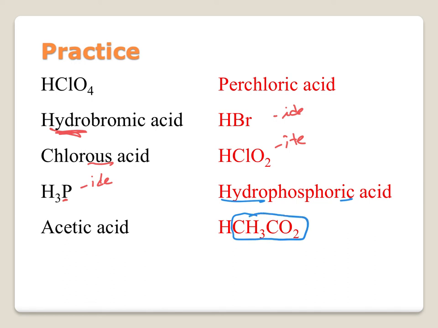Notice you can write it exactly as it is on your list from the summer, and it was a -1. We know that H is a +1. So it's a very involved formula, but it still has just the two pieces of the H and the anion. The anion was acetate, and that gave us acetic acid.